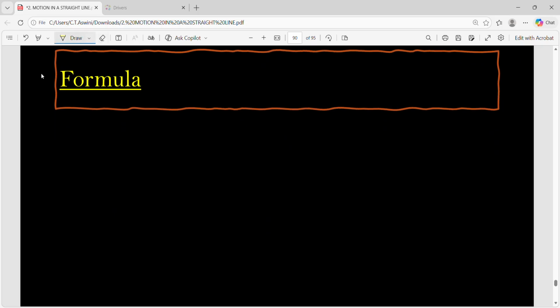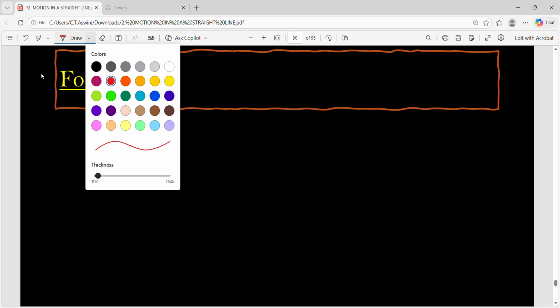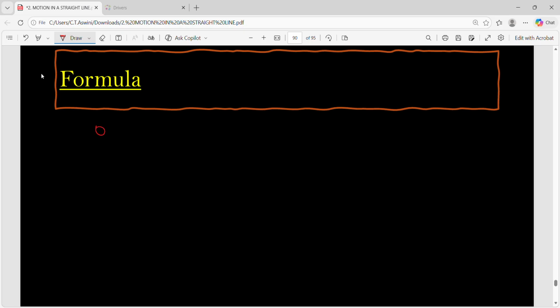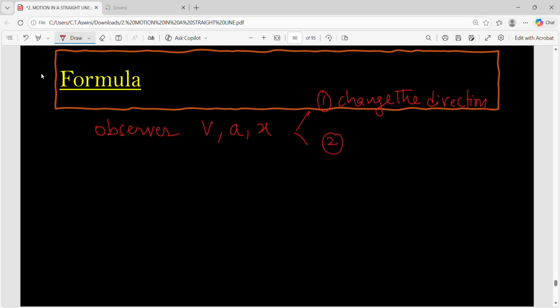For relative motions, in order to take the formulas, my suggestion is: for the observer's parameters like velocity, acceleration, displacement, first change the directions. And second step, add them.